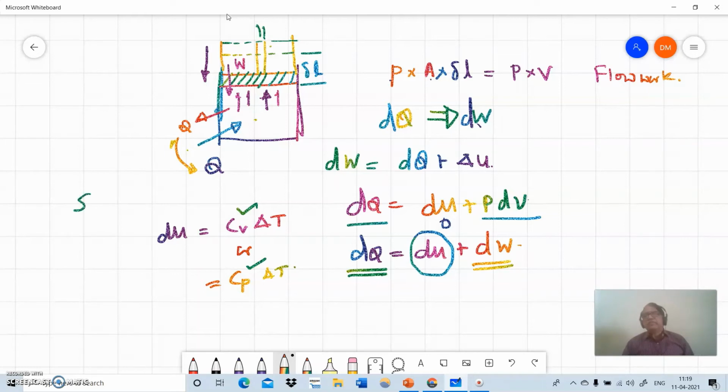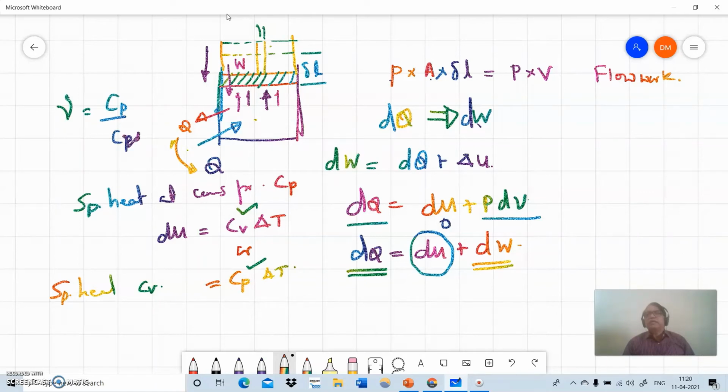Specific heat at constant pressure is Cp, and specific heat at constant volume is nothing but Cv. Okay, and then Cp by Cv is known as gamma.